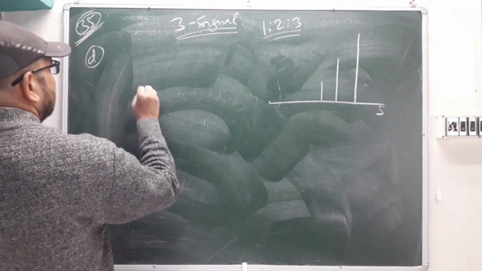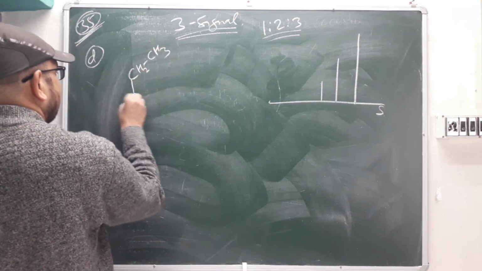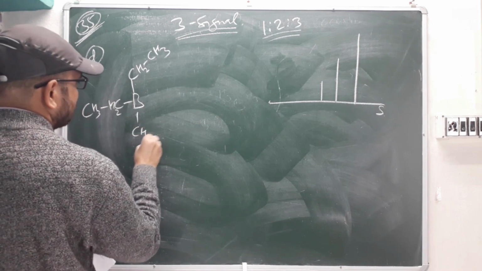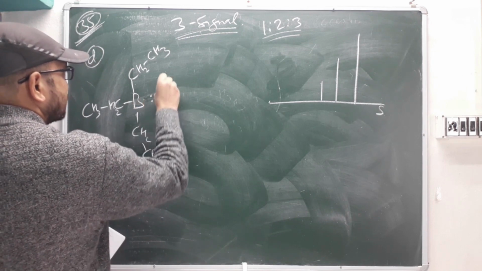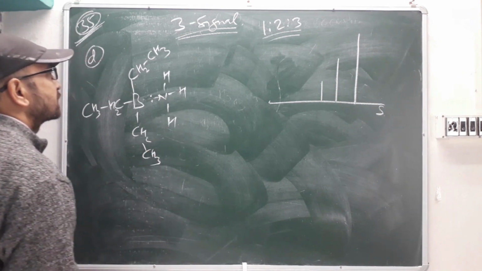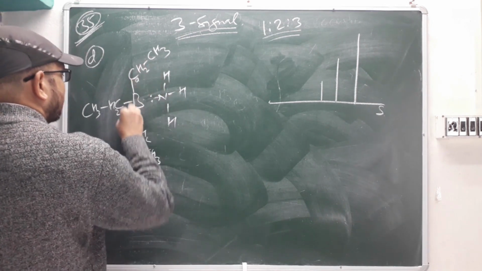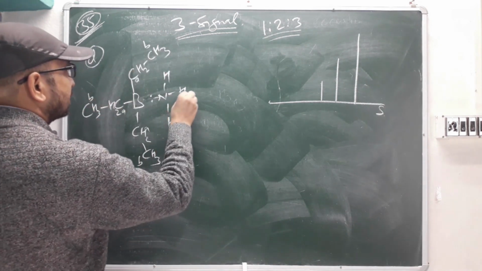So for this, now this side it has CH2 CH3, then CH2 CH3, then CH2 CH3, now with nitrogen, proton, proton and proton. So now you just see, this will be A type, A type, A type, this will be B type, B type, B type, this is C type.